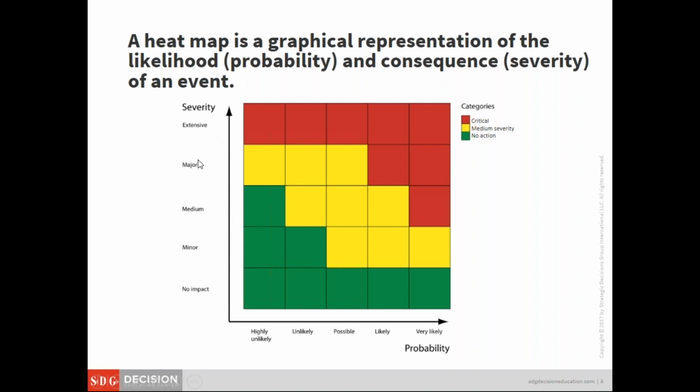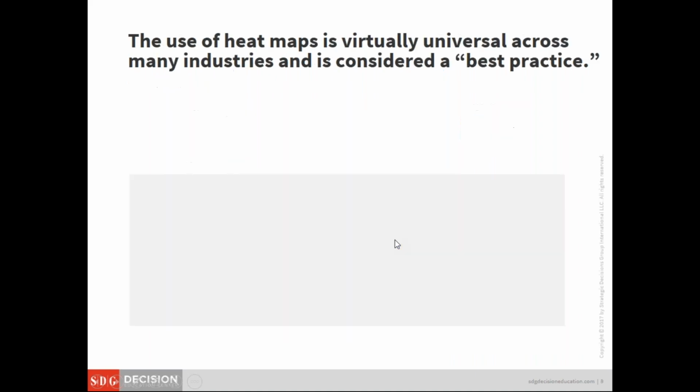And so this grid is set up, and then the corresponding squares or rectangles here are colored in some way. Usually red at the top for these are critical things we need to worry about, green here on the other end that maybe these are things we don't need to focus on, and then yellow for things that are in between.